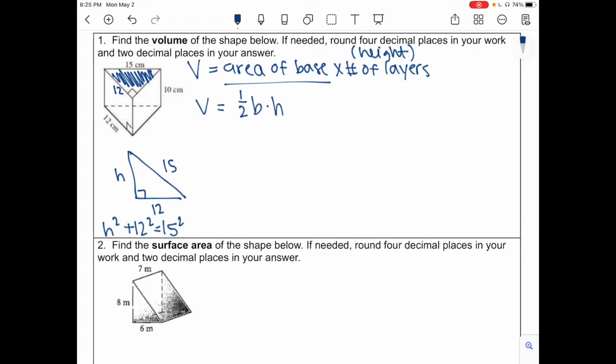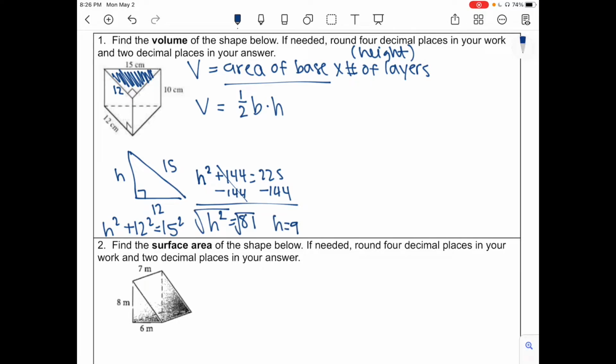So then I've got h squared plus 144 equals 15 squared, which is 225. Then I'm going to take away 144 from both sides. So h squared equals 81, and then take the square root. h is 9.